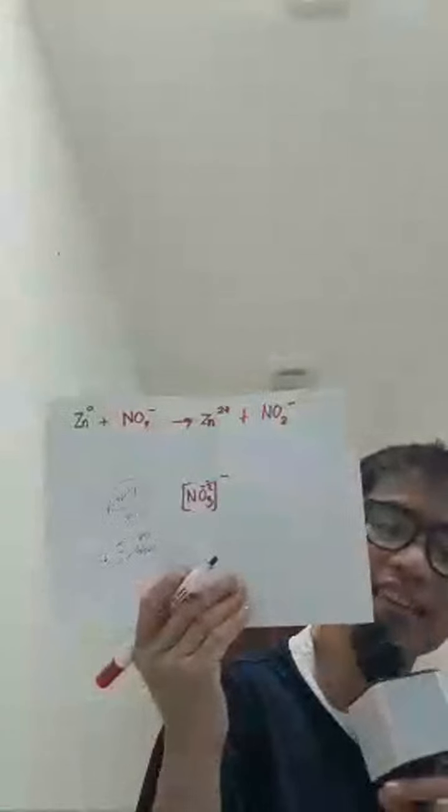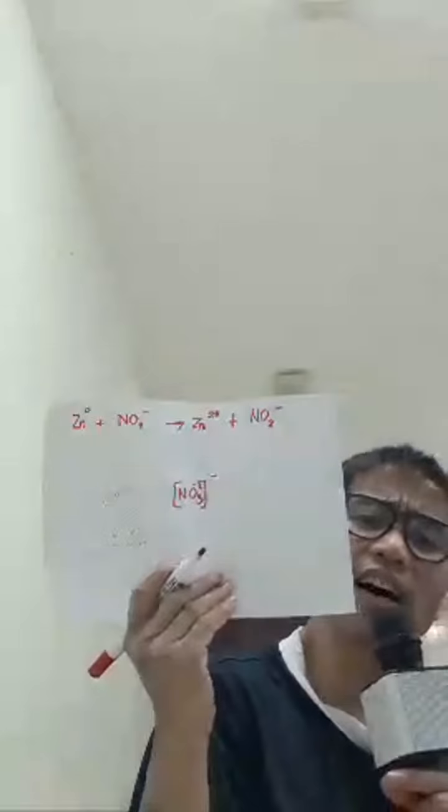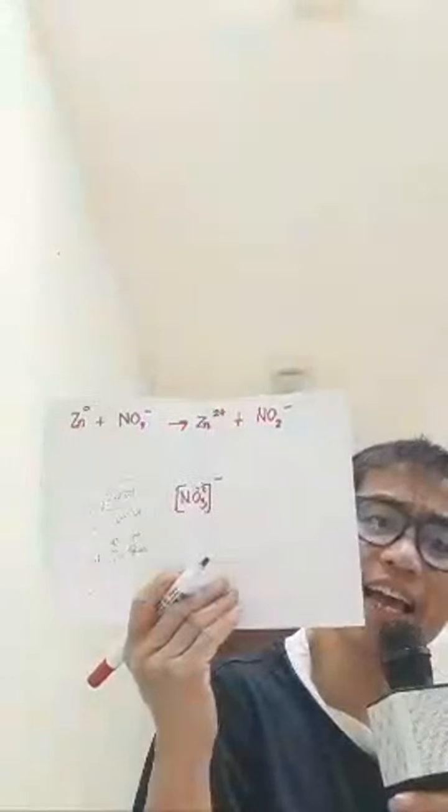In this situation, let the value of x be the oxidation number. Just like in balancing an equation, always let x be the unknown to solve for, so that you can understand. Actually you can go direct, but I want you to understand why the oxidation number is like that.